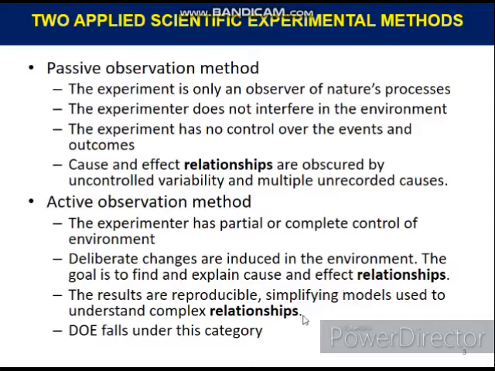And simplifying models used to understand complex relationships, based on those data, then you can actually come up with a model. It can be mathematical models that explain the relationship between the temperature and the softness of the bread in our example just now, right? So when you run this kind of experiment, active observation methods, you change the parameter that you want to know the effect on the output response. So just now the parameter is the temperature, and the output response is the softness of the bread, right?